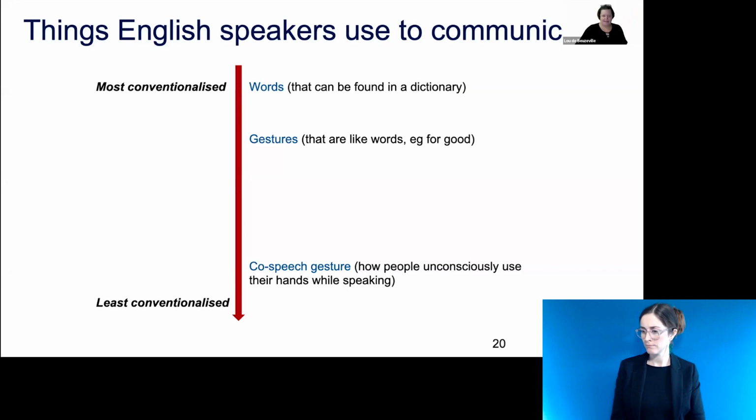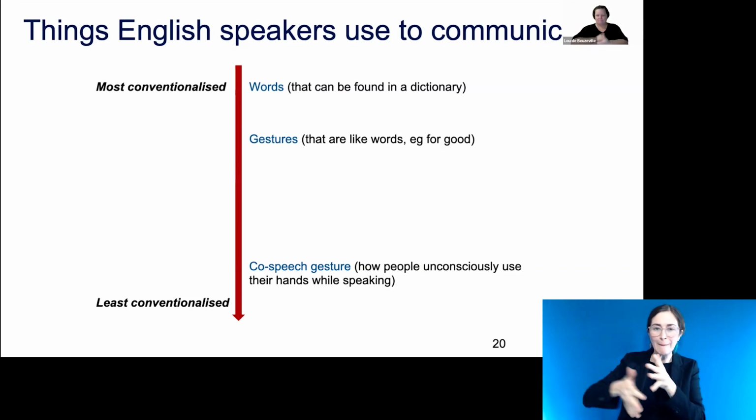In English, English speakers use most often words and sentences. That's right, you've got to point backwards. I've forgotten that since I last did this. They use words that you can find in a dictionary. They will sometimes use gestures that are like symbols that everybody knows in that culture, that this means good or that means oh damn.